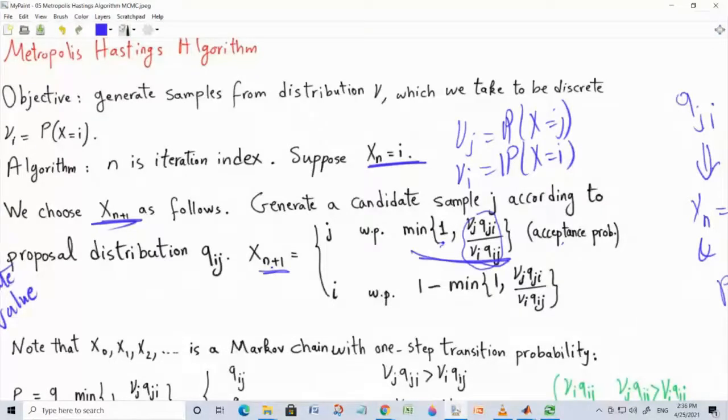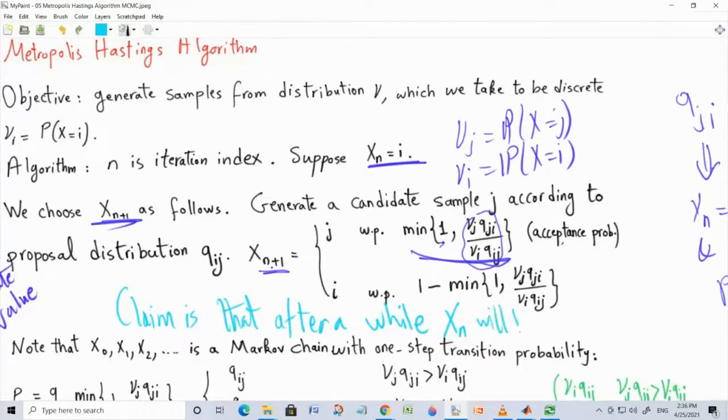Okay. So the claim is that after a while, x of n will be distributed as the target distribution.